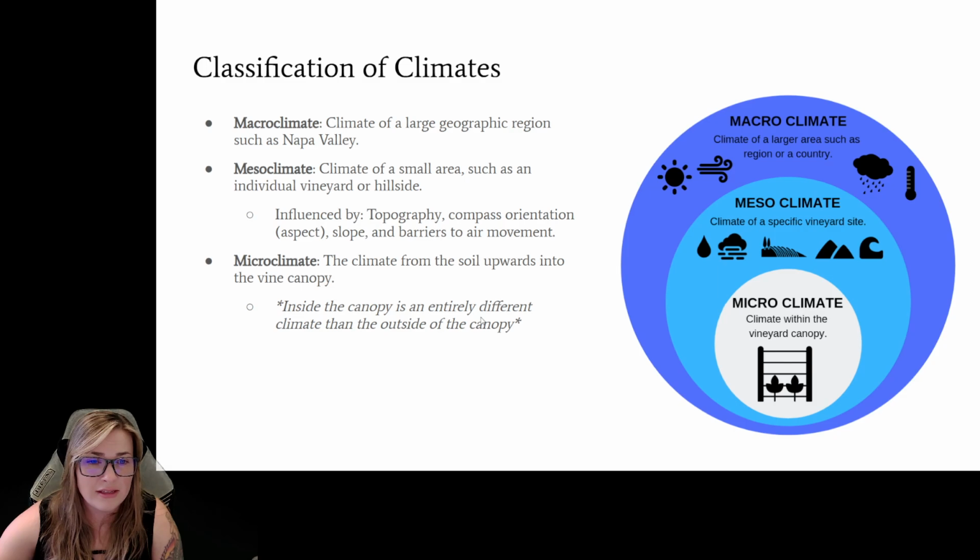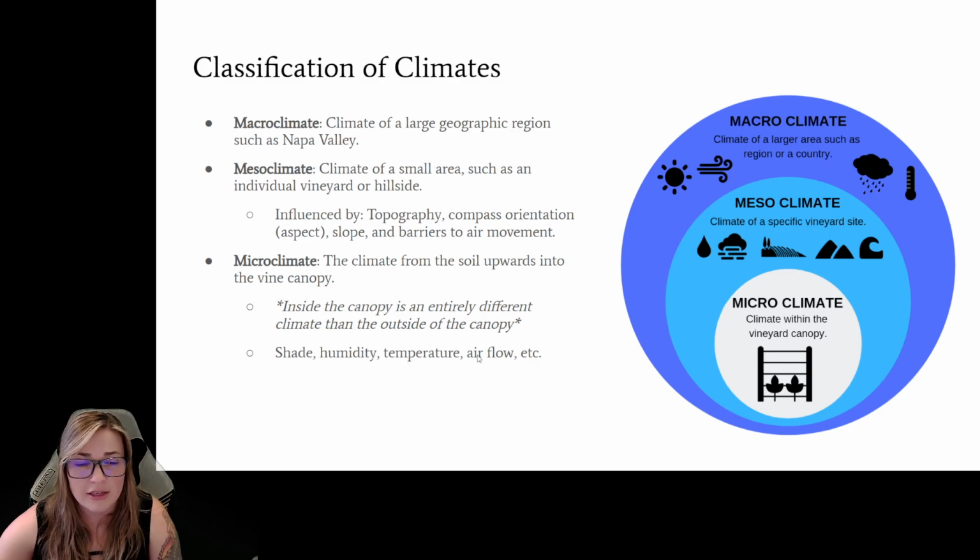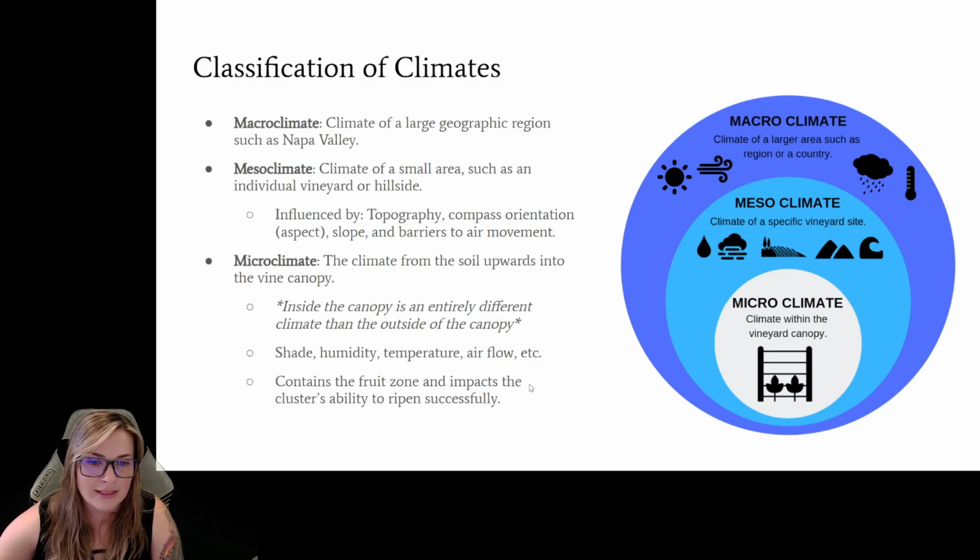This can be really different than the outside of the canopy. It doesn't seem like it would be, but it's actually shady, of course. There's a lot more humidity typically. Temperature can be completely different, and then the ability for air to flow through is also an important aspect, right?